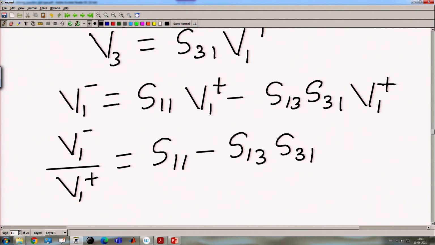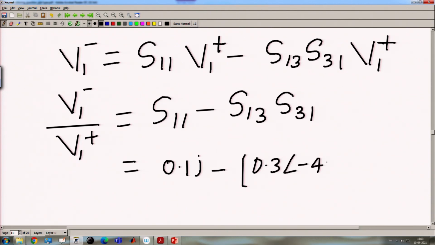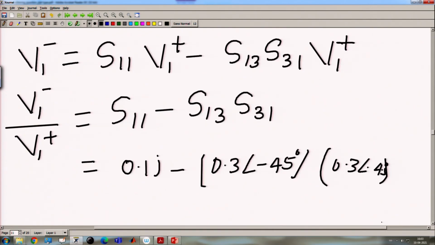So, this is the S11 when port 3 is short circuit and port 2 and port 4 are matched. We can substitute S11 as 0.1 angle 90 degrees, minus 0.3 angle minus 45 degrees times 0.3 angle minus 45 degrees.